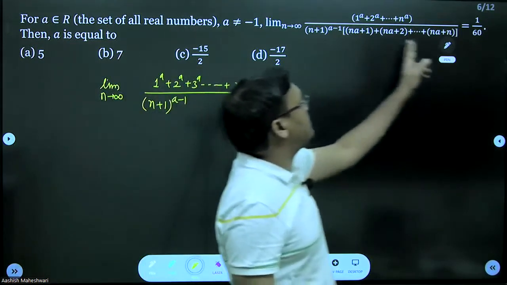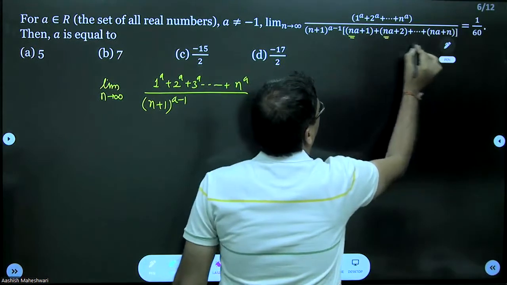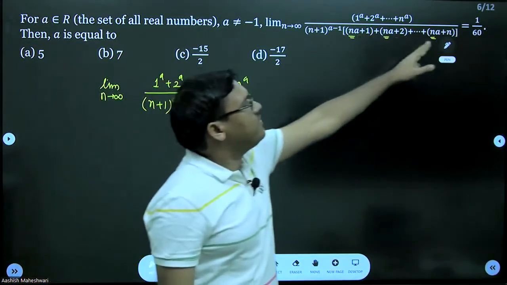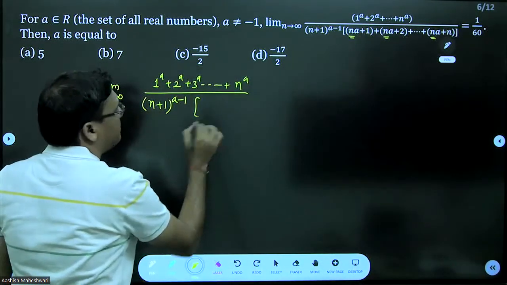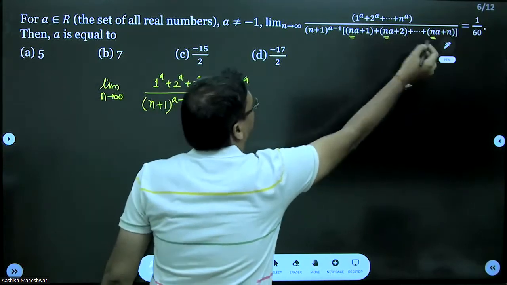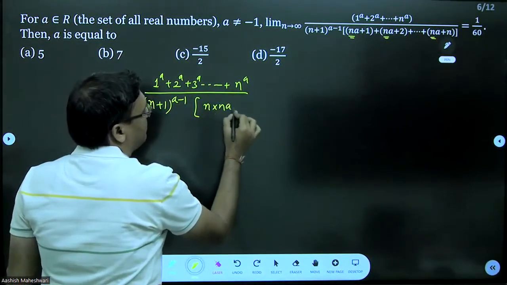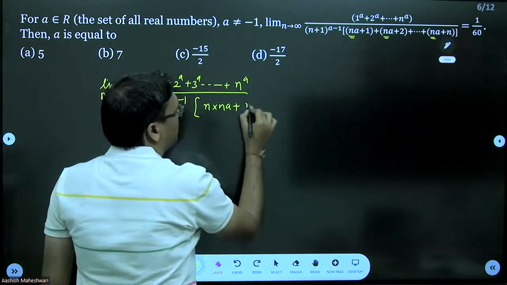अब इसको ध्यान से देखो, let's simplify this. So you can see here we have na plus na plus na. मतलब and how many brackets we have? N brackets. So can I simplify this and say here this is na plus na plus na n times, मतलब n into na plus this is 1 plus 2 plus 3 plus n. What is 1 plus 2 plus 3 plus n?